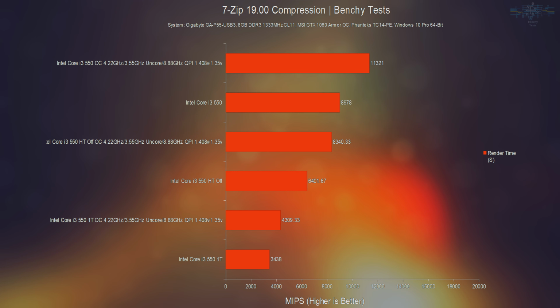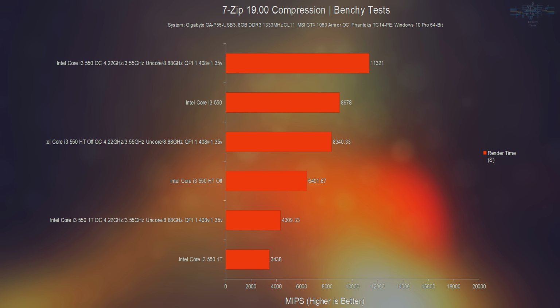Switching hyperthreading off sees this drop by 28.7%, down to 6,401.67 MIPS. And running the benchmark single thread only sees this drop by a further 46.3%, down to 3,438 MIPS, which is 61.7% down on the stock i3 550.